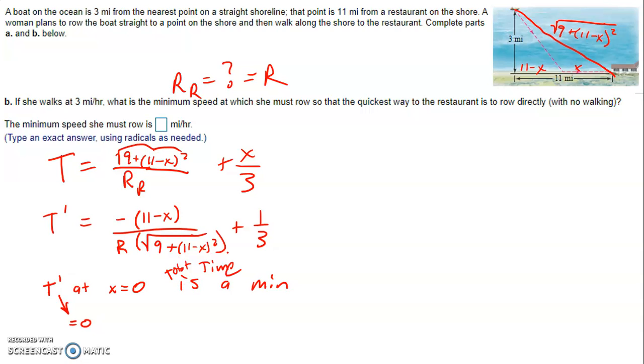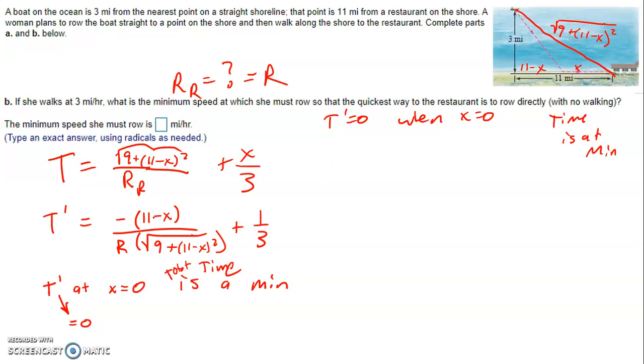Because we know that the total time is at a minimum when the walking distance is 0. So this is the key piece that we need to be thinking about. So again, t prime is equal to 0 when x is equal to 0 because we know that the total time is at a minimum at that time.